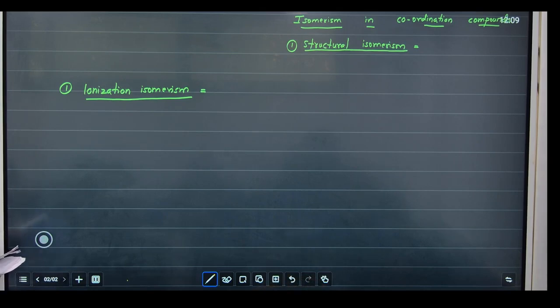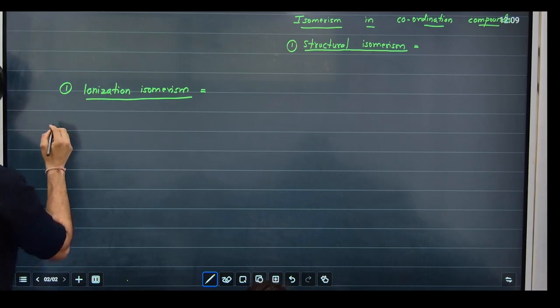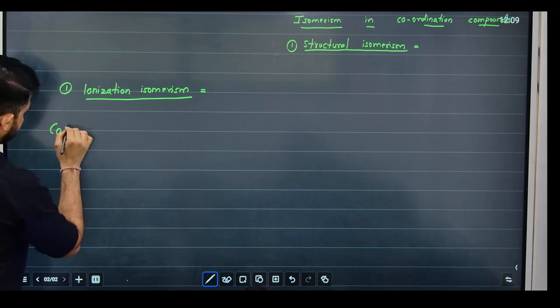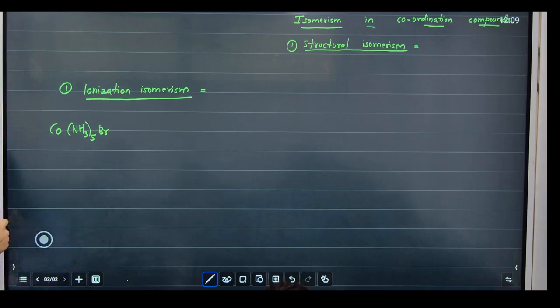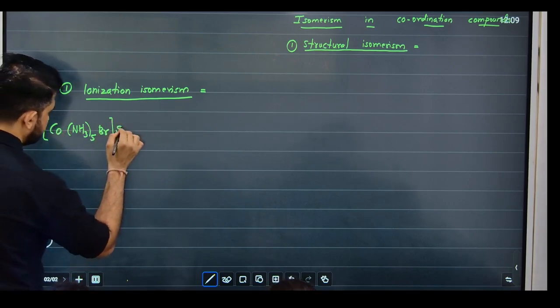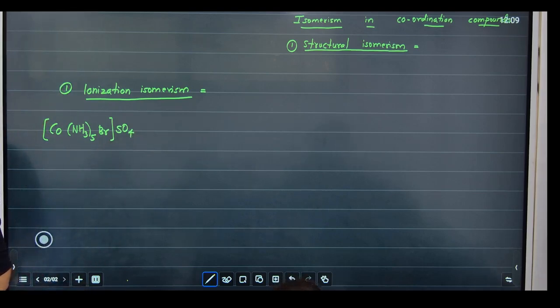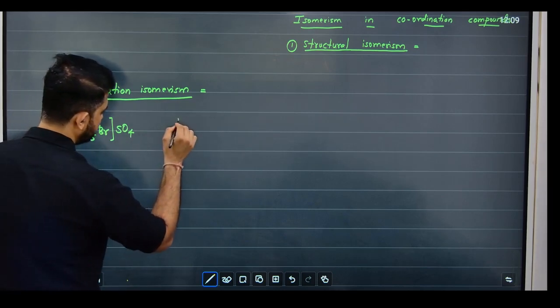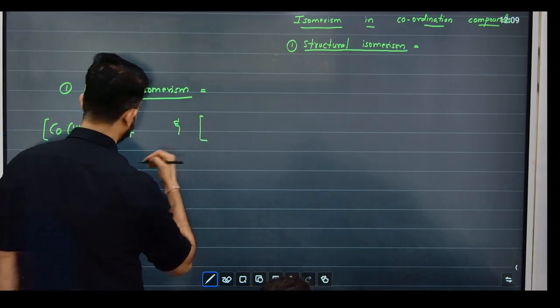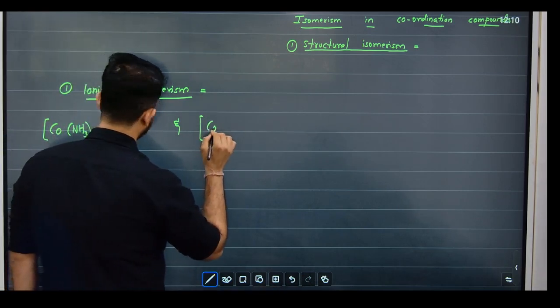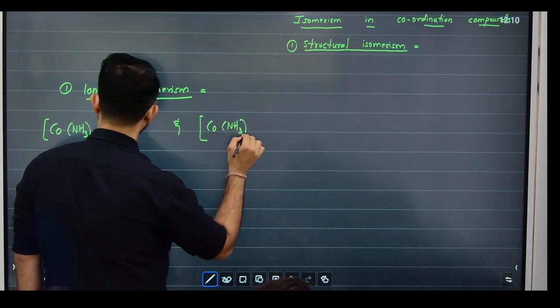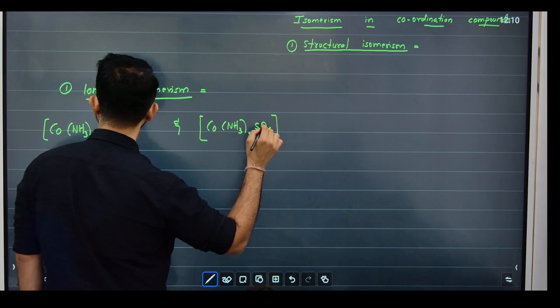Right now. In ionization isomerism, the counter ion is itself a potential ligand, and can displace a ligand, which can then itself become a counter ion.